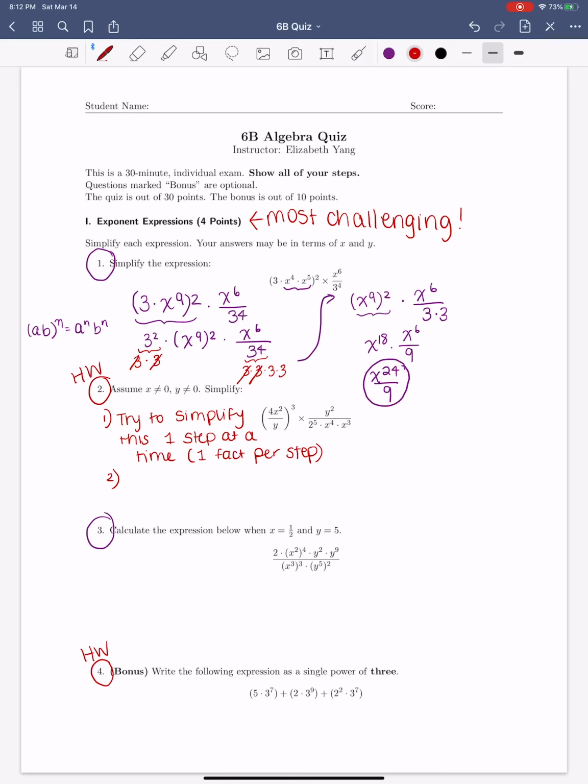Another tip I would like to give is to cancel terms from the numerator and the denominator whenever you can. So this will make your life a lot simpler.